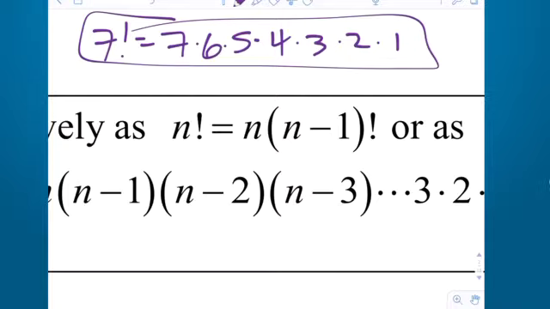You have 7 bands competing in a Battle of the Bands, and you're going to award 1st through 7th place. How many different combinations of orders of those 7 bands can there be? There's 7 ways to choose the top band, right? That leaves 6 bands left over for 2nd place, so there's 6 ways to choose 2nd place. Now there's 5 ways to choose 3rd place, 4 ways to choose 4th place, 3 ways to choose 5th place, and so on.